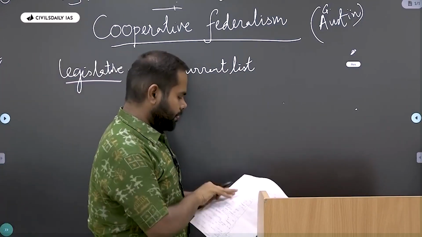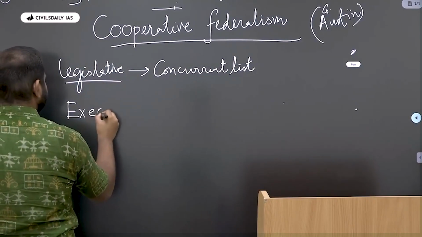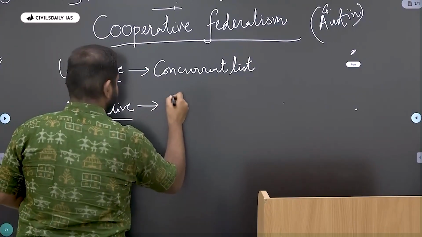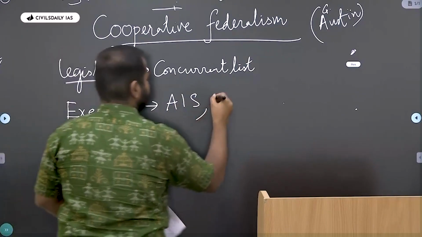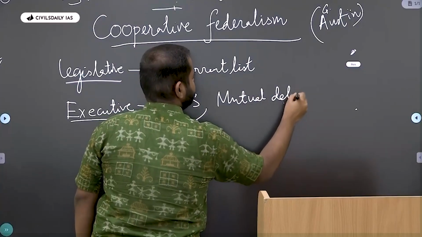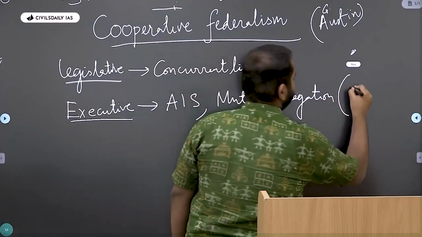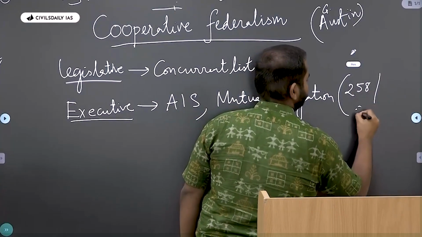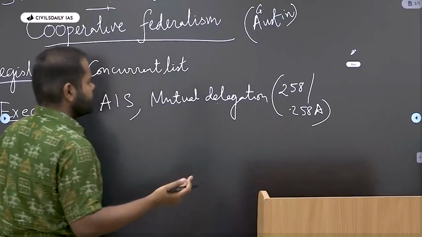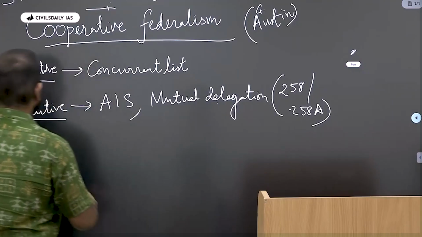For the executive, you have your All India Services and your mutual delegation. We discussed it just before: 258 and 258A, and the directives, showing how there is a mutual understanding in the executive powers of the center and the states.